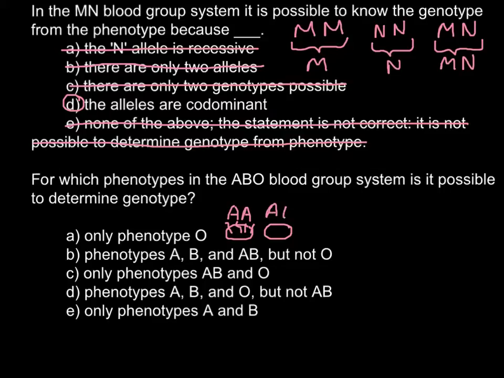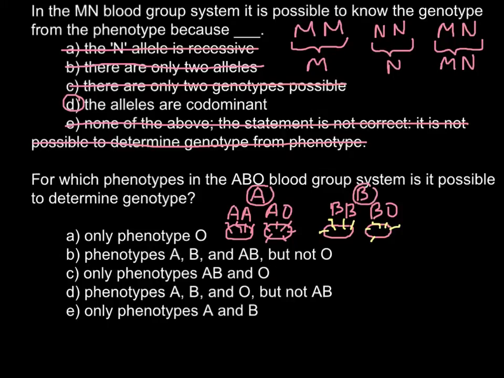Another would be genotype AO, and also here glycoprotein A would be present on its surface, and these two genotypes would make group A. And there can also be a different group where glycoprotein B is present, with genotypes BB and BO, and these two genotypes would make blood group B. So we have blood group A and blood group B. These are phenotypic groups that each consist of 2 genotypic groups.